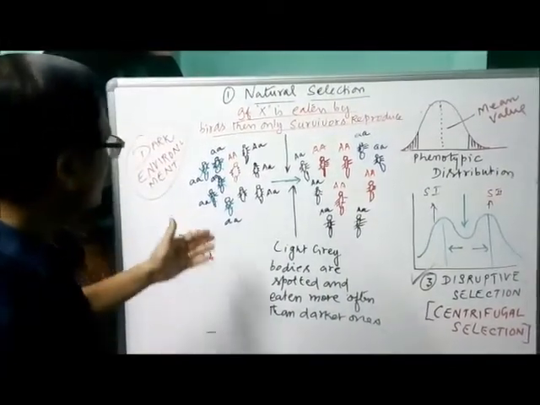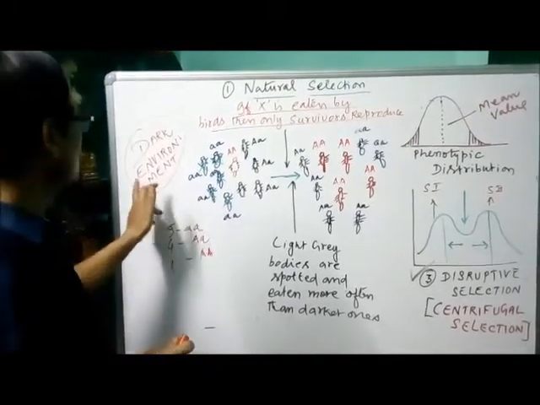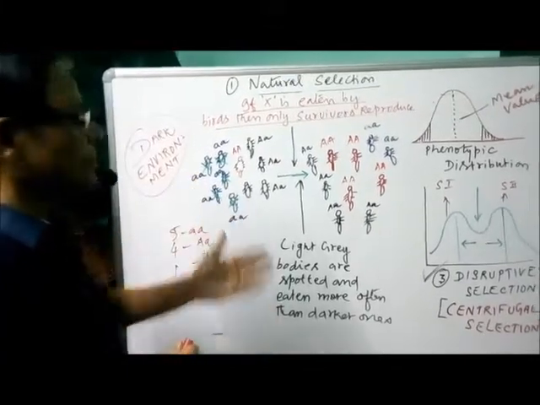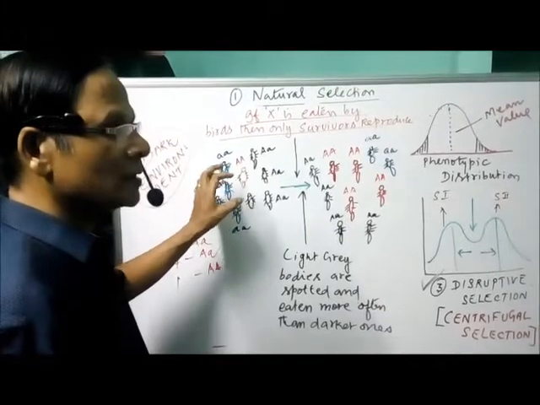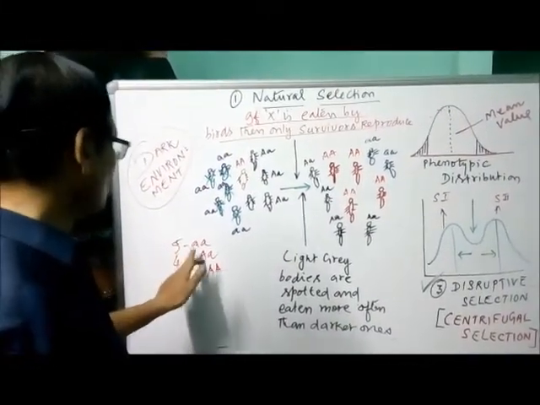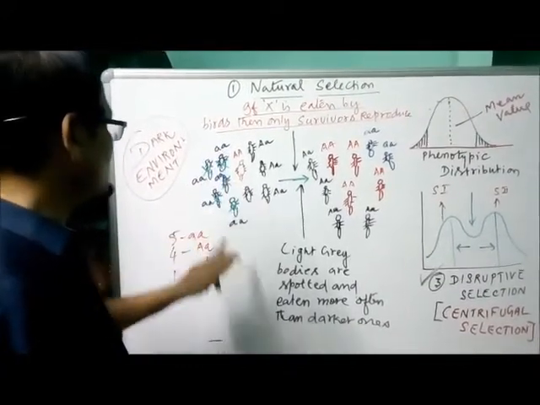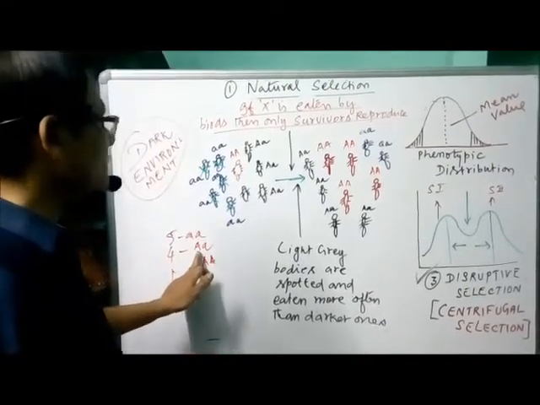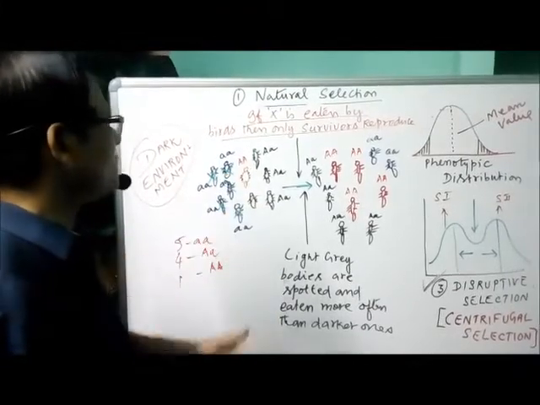And here is another diagram representing natural selection with reference to a dark environment. In the dark environment I am taking beetles. So here the beetles have 3 different types of genotypes: 5 of them are homozygous recessive, 4 of them are heterozygous dominant, and 1 individual is homozygous dominant.